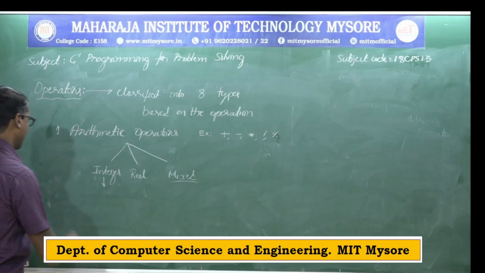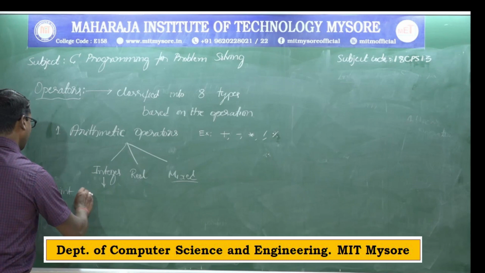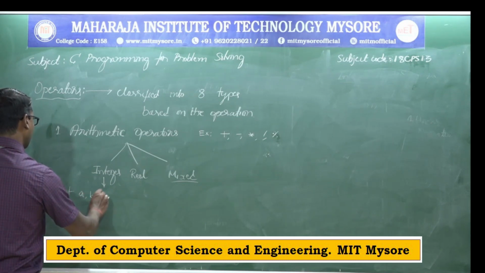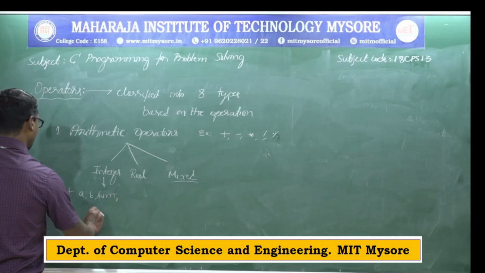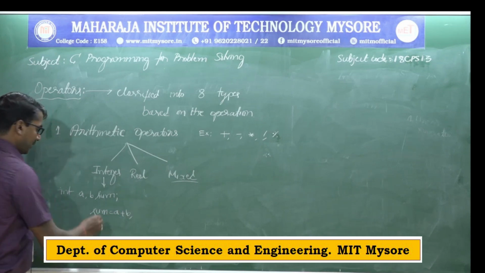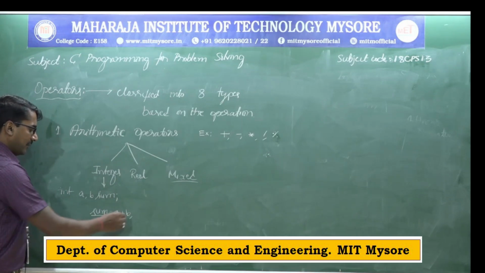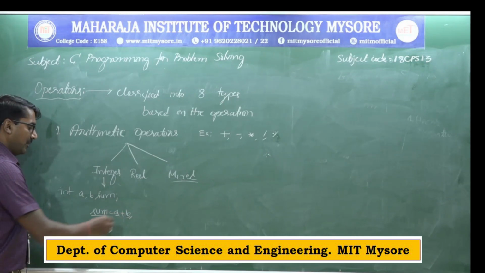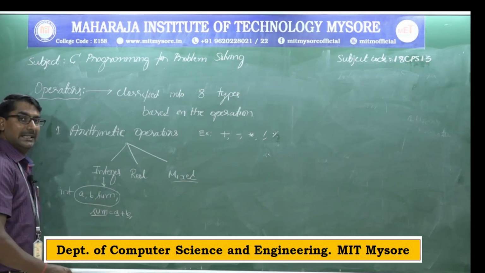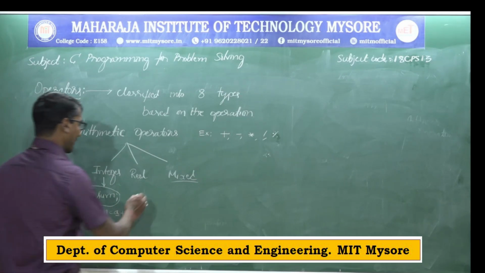Example, int A, B, sum. Sum is equal to A plus B. Here sum is of integer type, A is of integer type, and B is also of integer type. All 3 variables are of integer type, so this type of operation is called integer arithmetic operation.